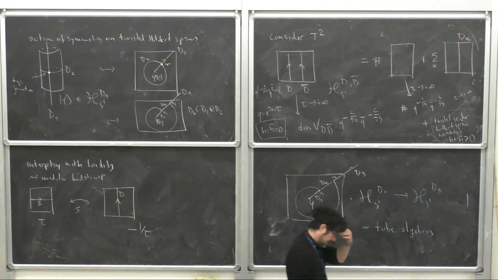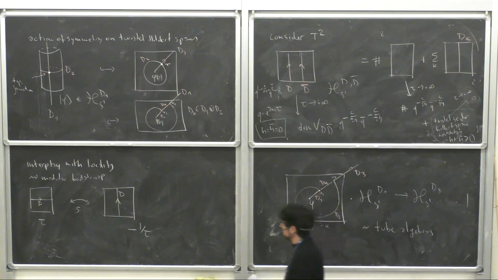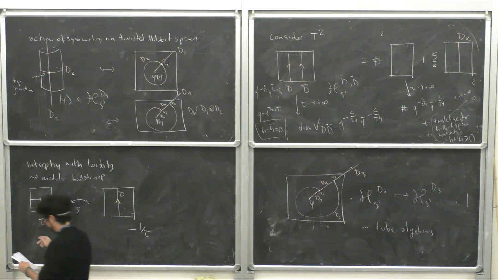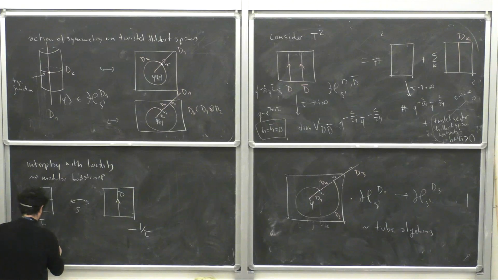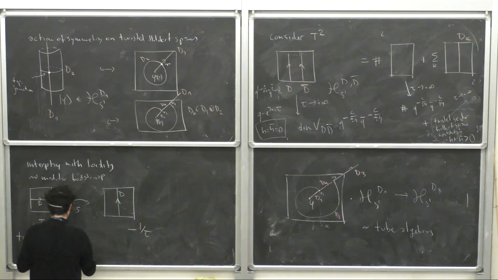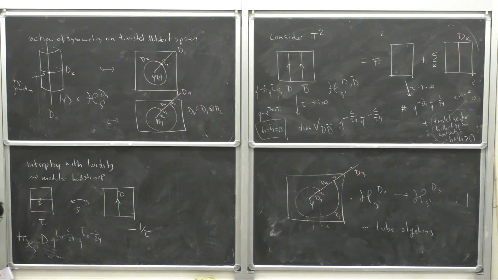So you see, if we consider this picture here, this picture has an interpretation as a trace in the ordinary Hilbert space of an insertion of the topological line times our Virasoro generators, no? So this side has this interpretation.